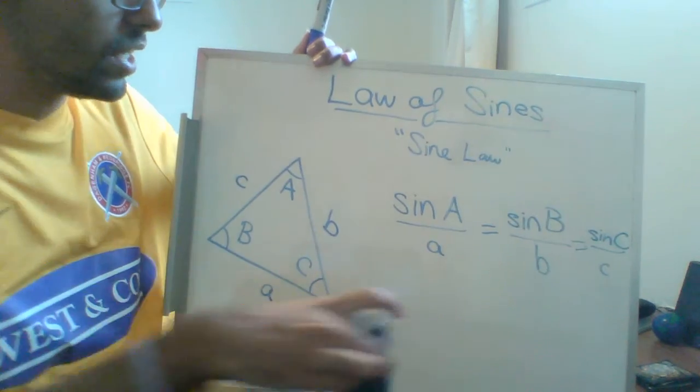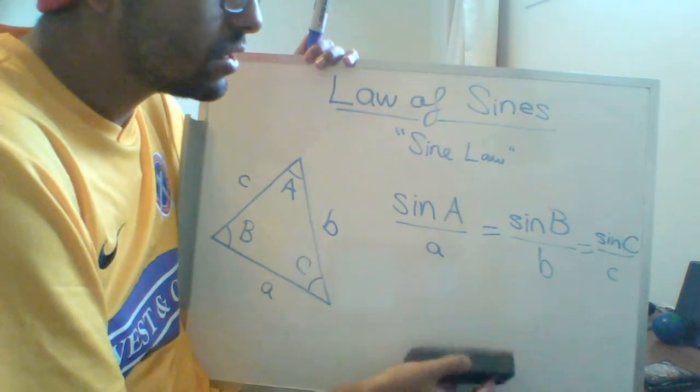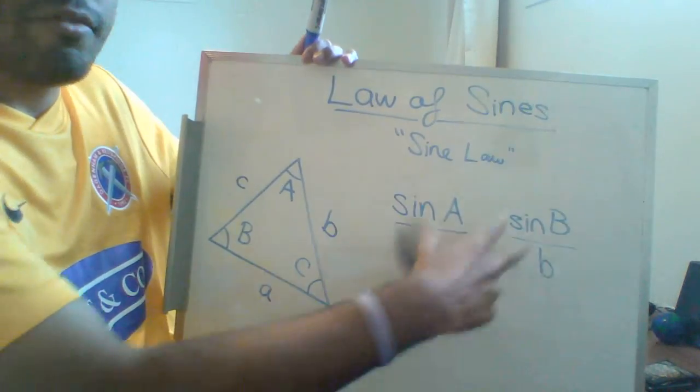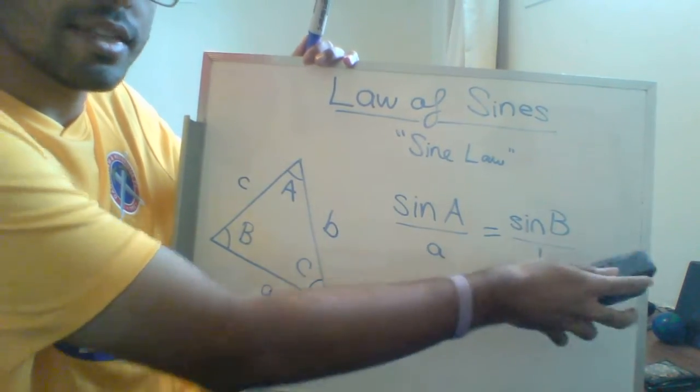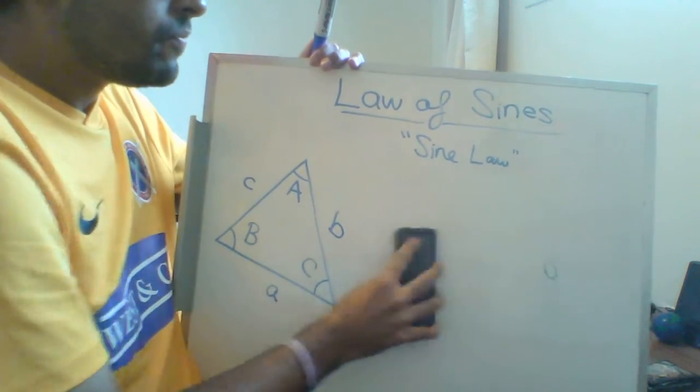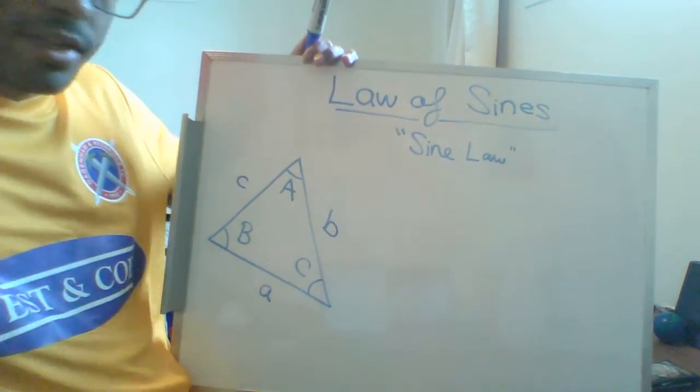So I'll give you an example. This is the law of sines. You can write this down. This is all you really need. If you want to add in sine C and side c, you're more than welcome to. But here's how it's going to work.